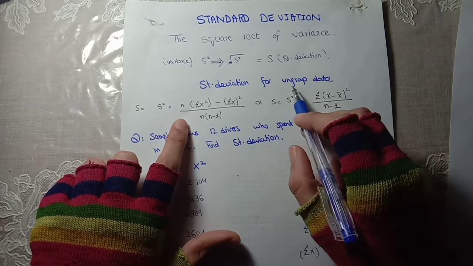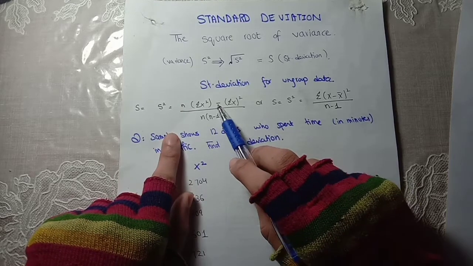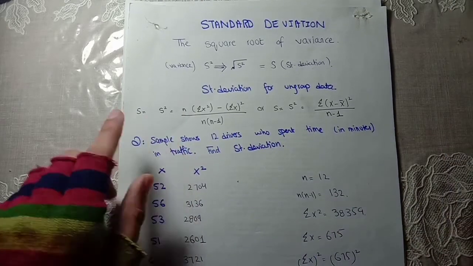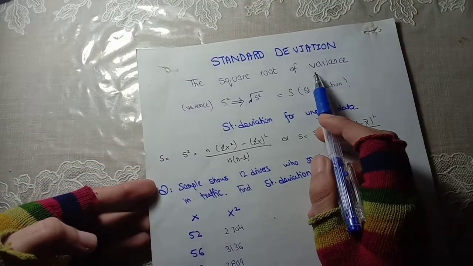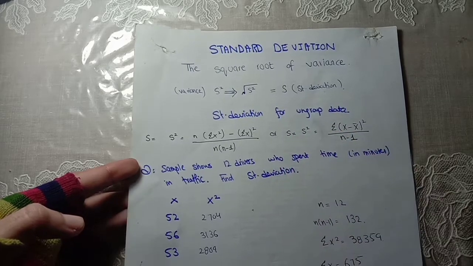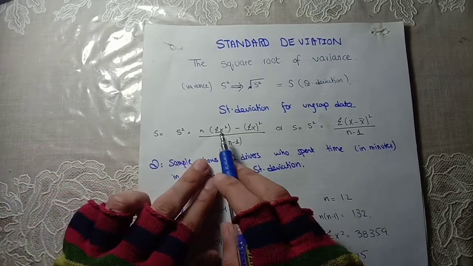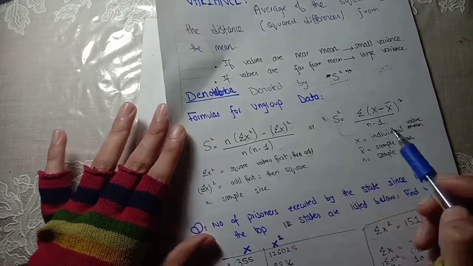For ungrouped data of the variance, we studied two formulas. So in this video, there are going to be two formulas for the standard deviation as well. What we discussed in the definition is that it is the square root of the variance. So the formula for the variance was this. We have discussed this formula and this.